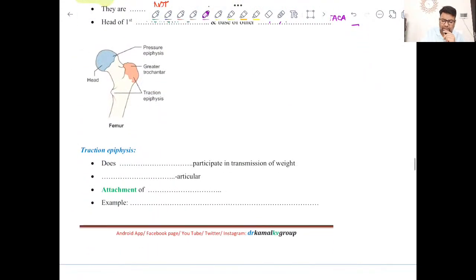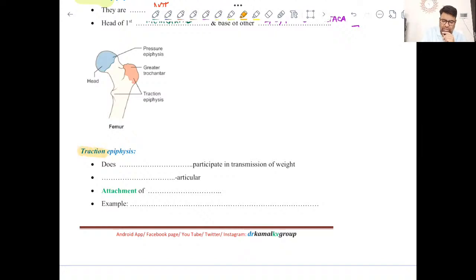Then moving forward, traction epiphysis. Now traction means pull, and in the body the pull is exerted only by muscles. So those epiphyses where there is attachment of some muscle will create a pull, and then such epiphyses become traction epiphyses, right? So they give attachment to muscles.